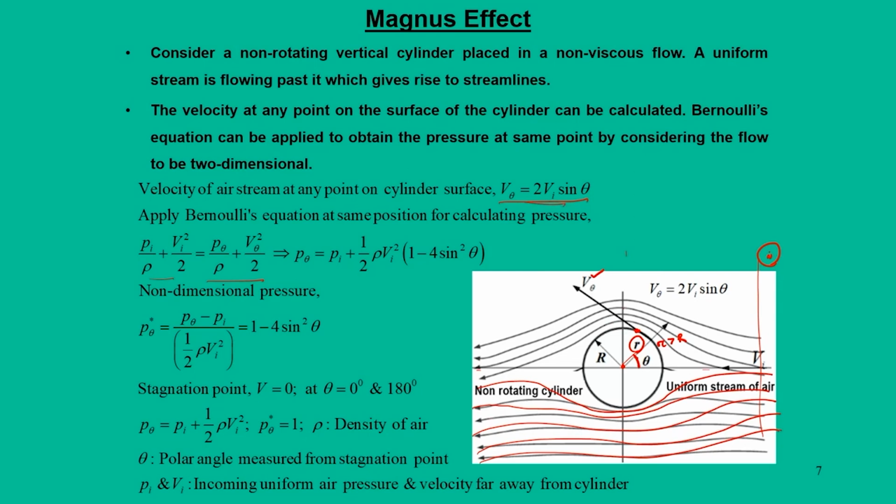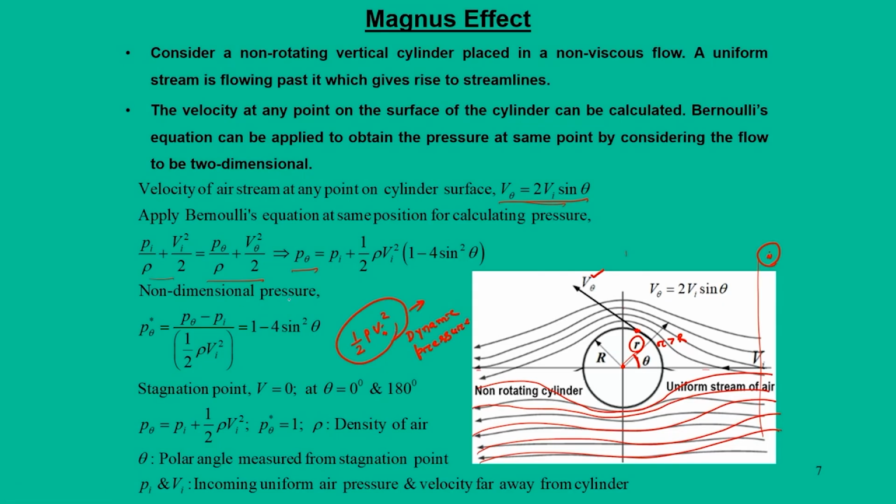Once we know this, we can also define a non-dimensional pressure, because what remains constant is half rho V infinity square. This term is called the dynamic pressure, and for a given wind velocity, this dynamic pressure is a fixed quantity.